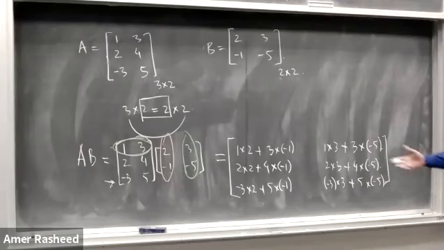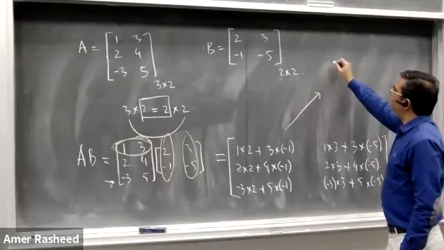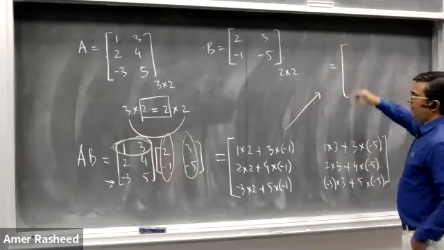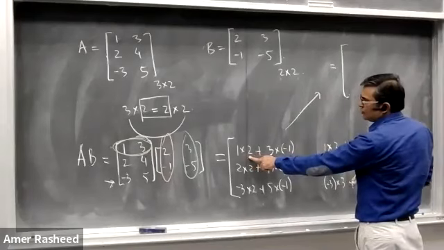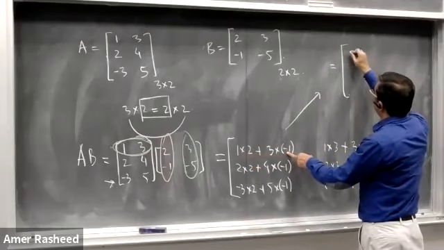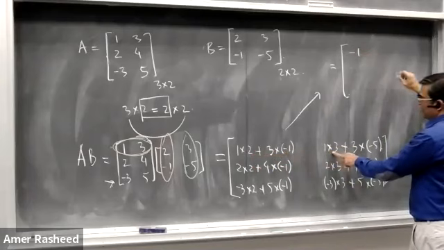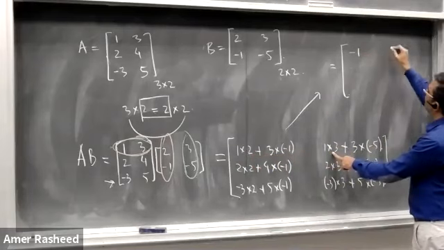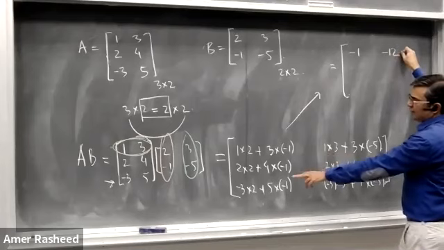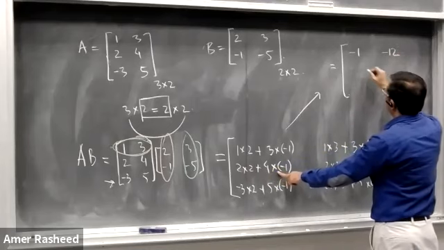Now you have to simplify them. Here you get 1 into 2 is 2, 2 - 3 is -1. So you get 3 here and -15 here, so you get -12 here. Here you get 4 and here you get 0.